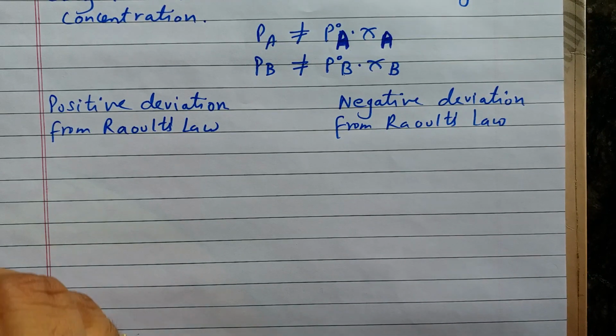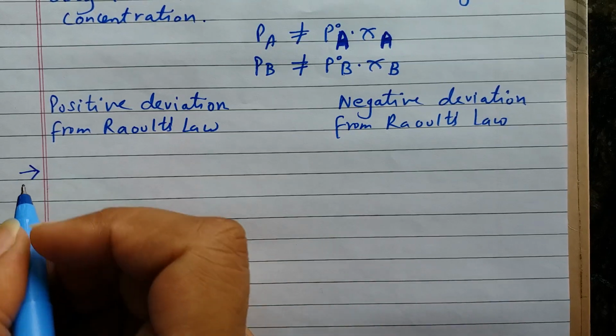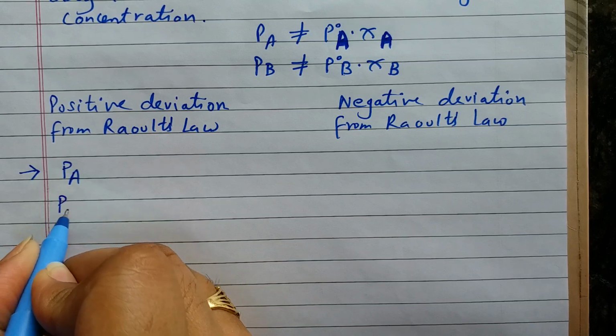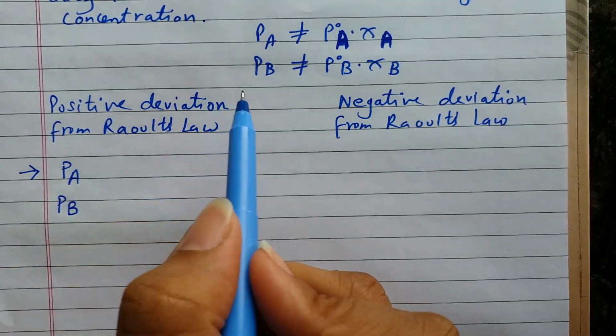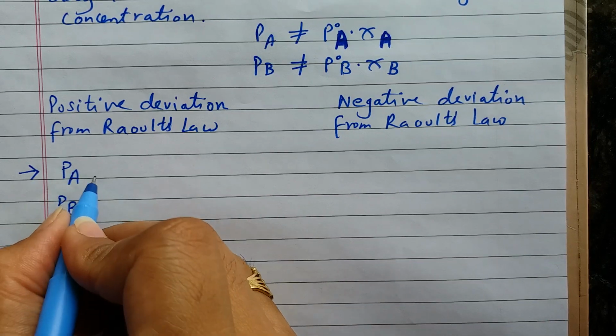Now, what happens in a solution that shows a positive deviation? Here, the partial pressures of the two components, PA and PB, are not going to be equal to the Raoult's law values.